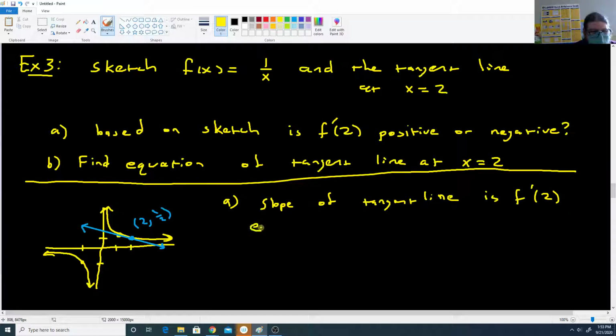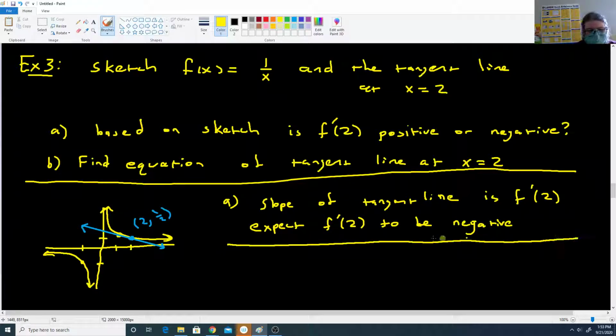So I would expect f prime of 2 to be negative, because the slope of the tangent line is negative. That's our answer to part A.